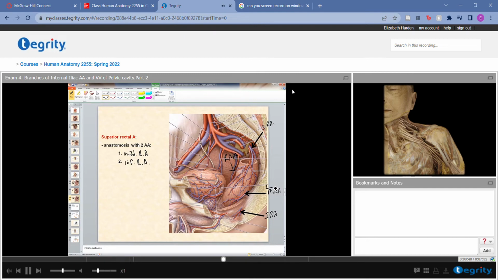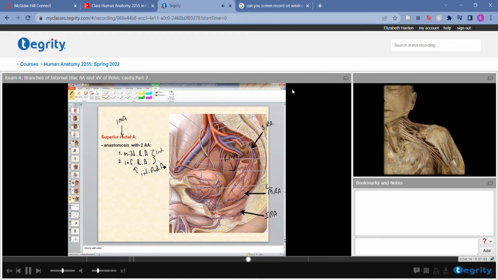An important thing to remember is that superior rectal, what does that bad boy arise from? Inferior mesenteric artery. These two, middle and inferior rectals, arise from the internal iliac itself, or the inferior rectal can come off the internal pudendal. Okay? So they're coming from at least two and sometimes three different sources.